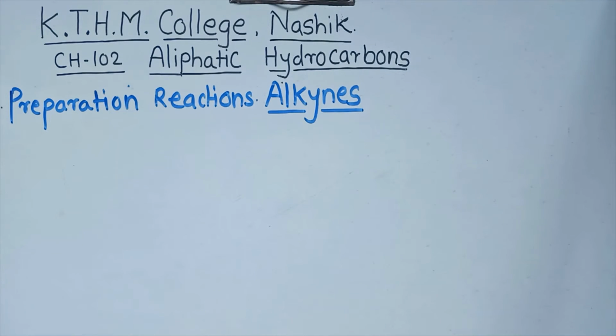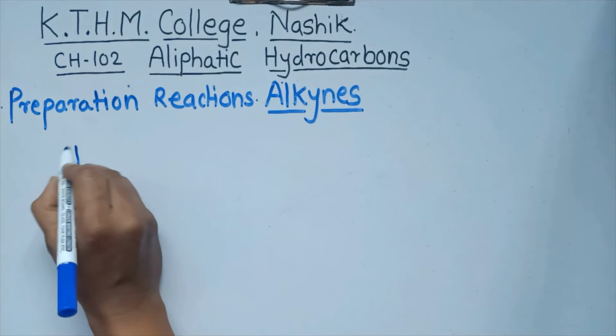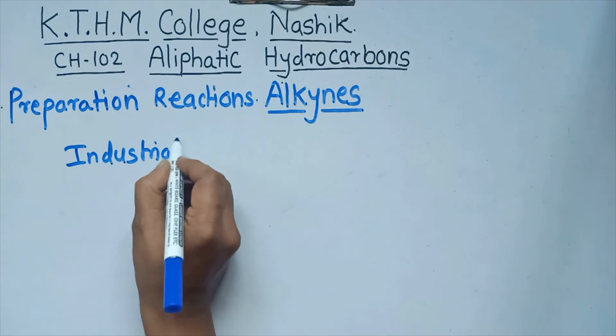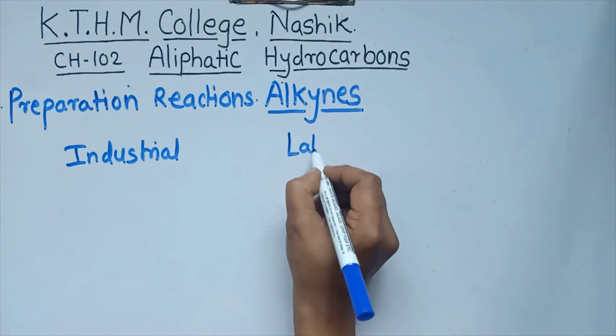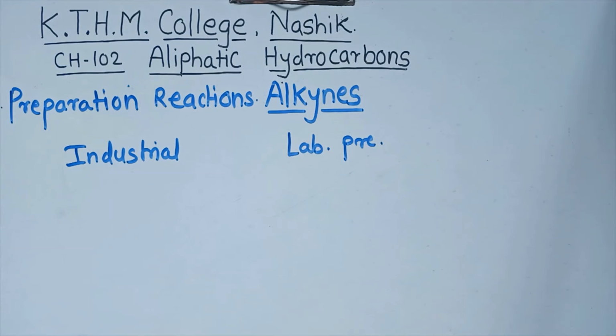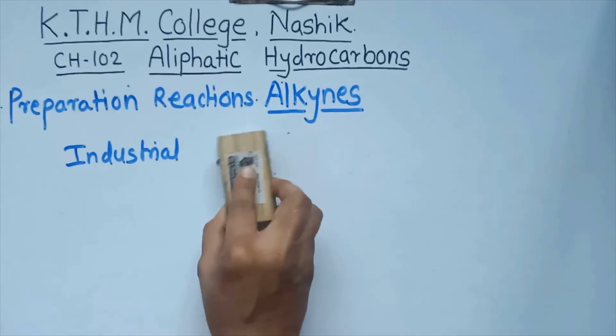The first one is industrial preparation and the second one is laboratory preparation. In the industrial preparation, we prepare alkynes on a large scale, while in the laboratory preparation, we prepare alkynes on a small scale. So first, we see the industrial preparation of alkynes.